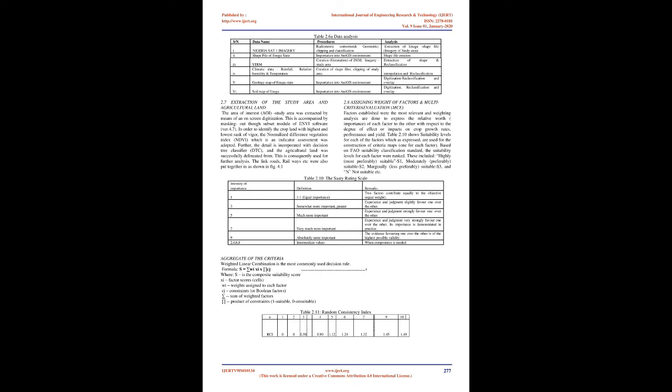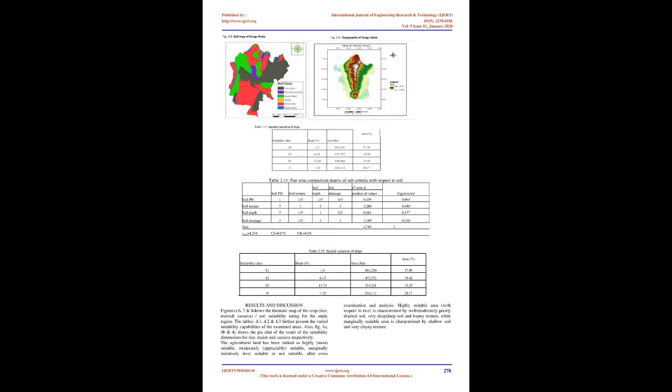Extraction of shape. 4. Climatic data, rainfall, relative humidity and temperature. Creation of shape files, clipping of study area. Interpolation and reclassification. 5. Geology map of Enugu State. Importation into ArcGIS environment. Digitization, reclassification and overlay. 6. Soil map of Enugu. Importation into ArcGIS environment. Digitization, reclassification, and overlay.